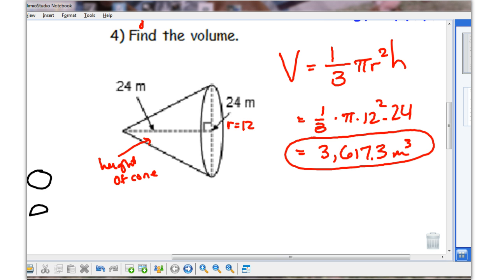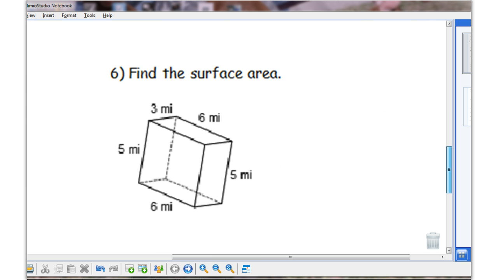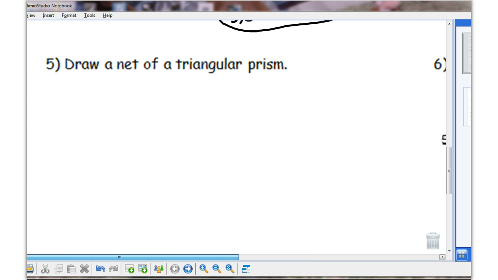Okay. Now, next one here, number 5. We have to draw a net of a triangular prism. So a triangular prism has 2 triangle bases. A prism has 2 bases that are the same. A pyramid only has 1 base.